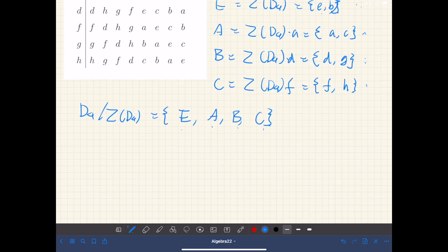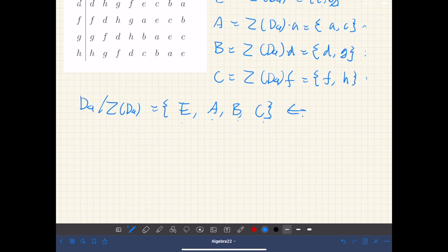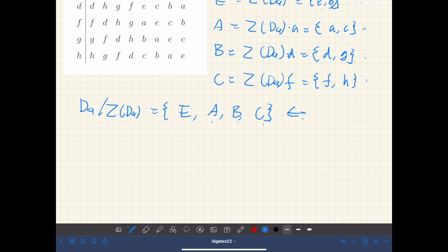From the theorem, we know that this set is actually a group under a proper binary operation. For example, A squared is defined by Z(D4)A times Z(D4)A. By definition, this is equal to Z(D4)A squared.